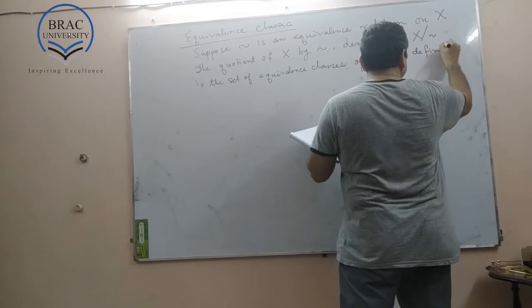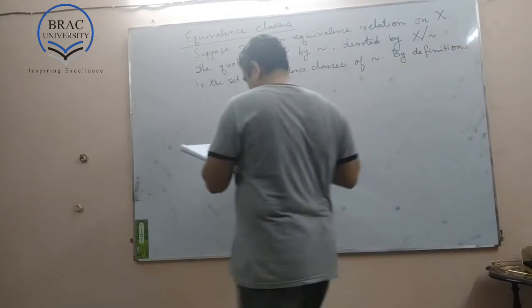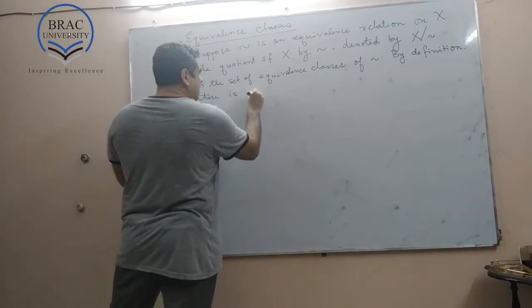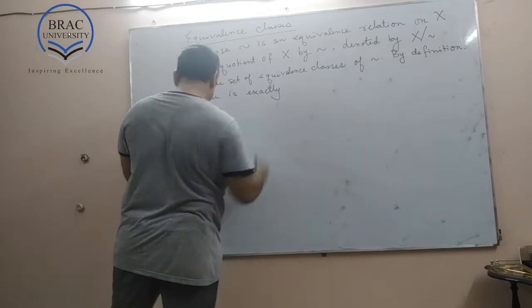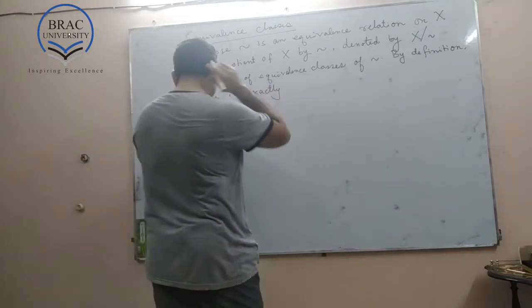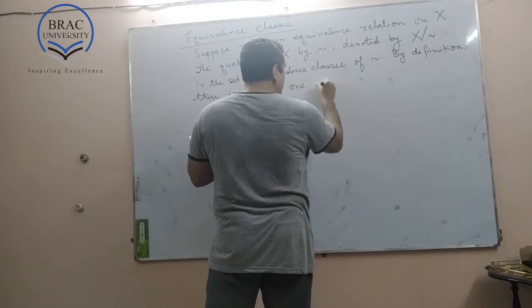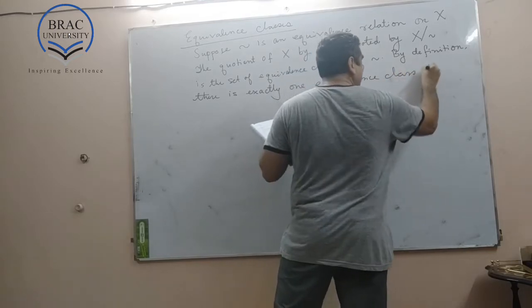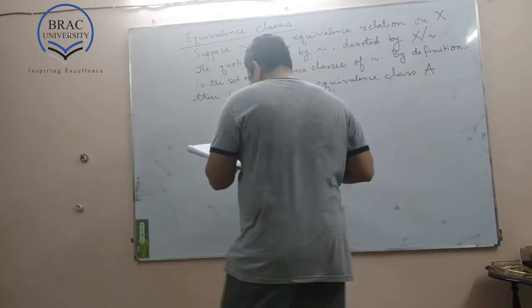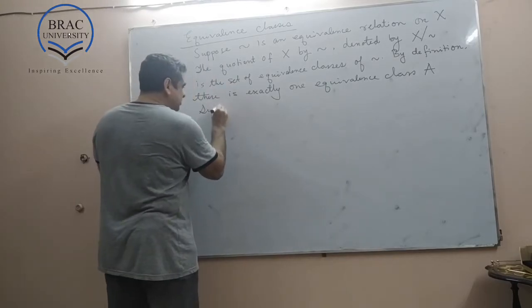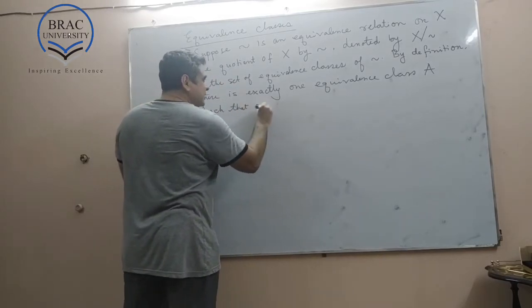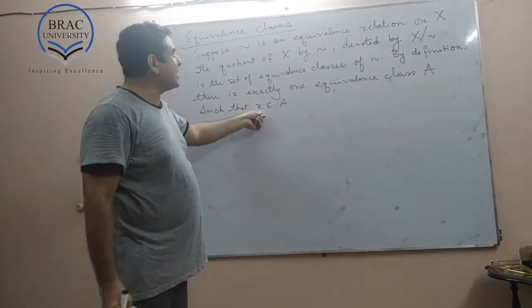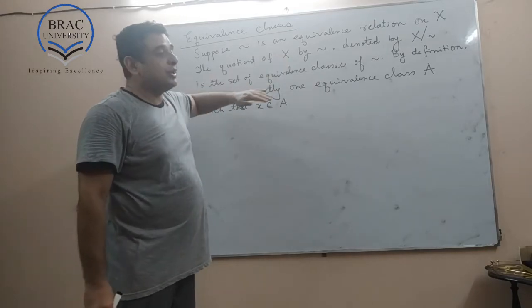By definition, there is exactly one equivalence class A such that x is in A. Meaning that you cannot have two equivalence classes containing the same element of X. So it's called a partition.